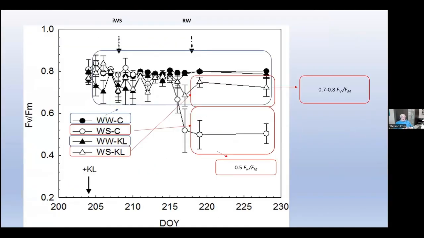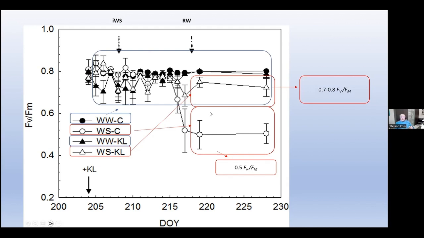We have done a lot of work on kaolin. This is a bit complicated at this time of the day, probably, because it's a graph that shows the so-called Fv/Fm ratio. Here we are in the realm of the fluorescence of chlorophyll.